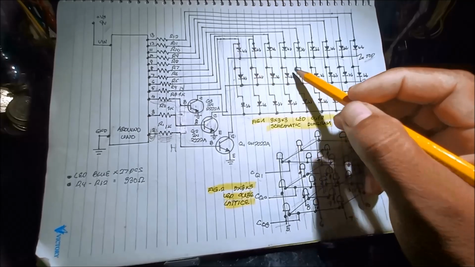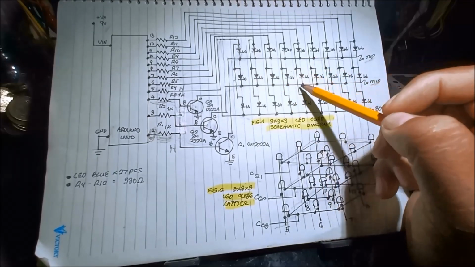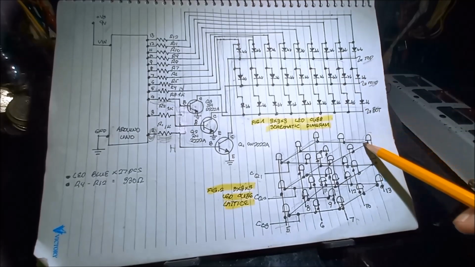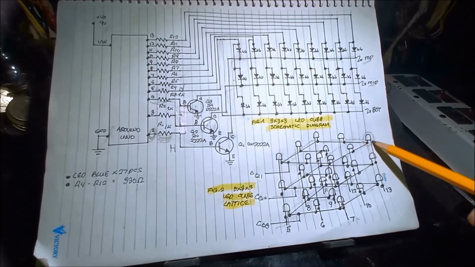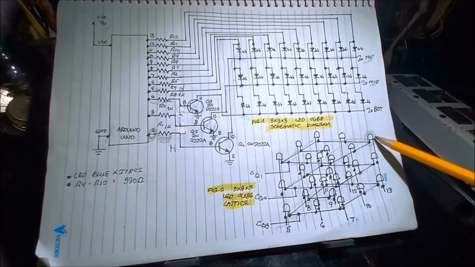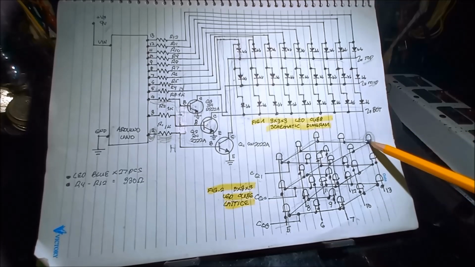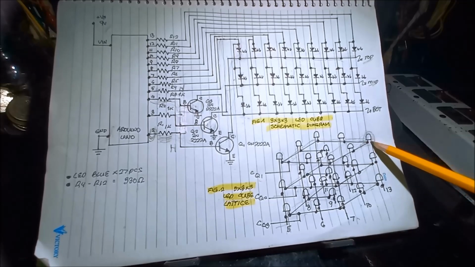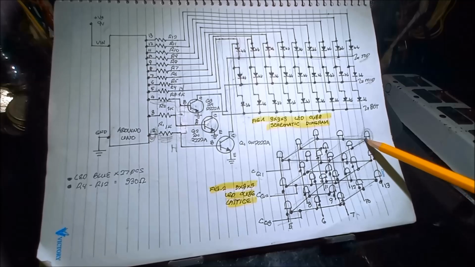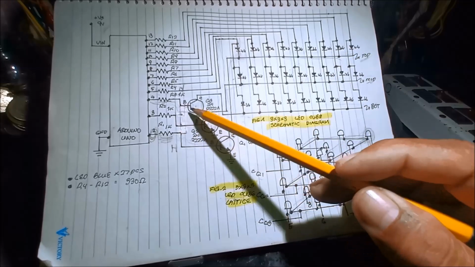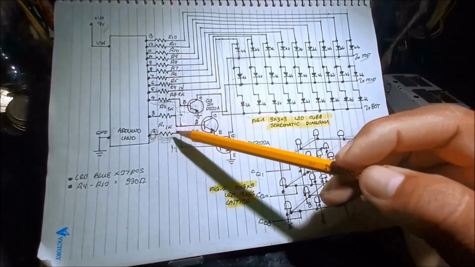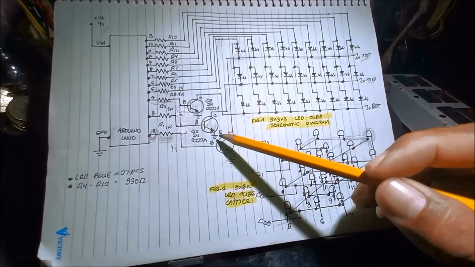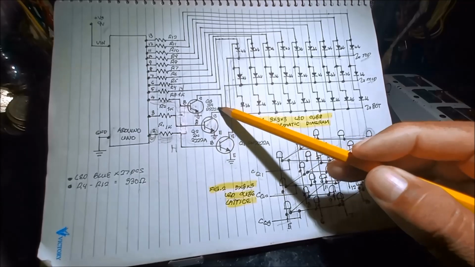So we can manipulate any LEDs. If we're planning to turn on this, or for example, this part of an LED, we're just going to set the anode high and the cathode high. Set this high, activate that using the code. So all in all, why are we using a 2N2222 transistor?